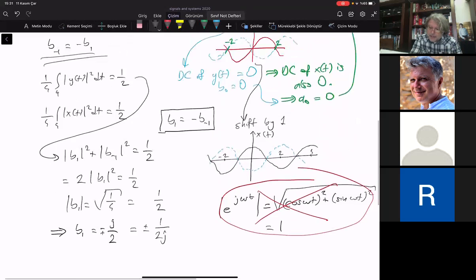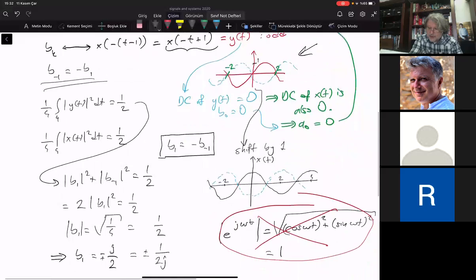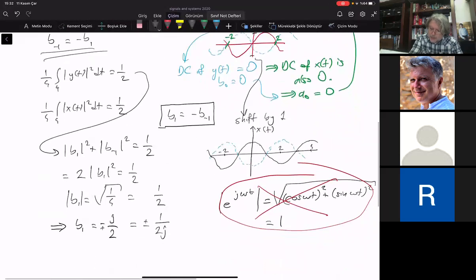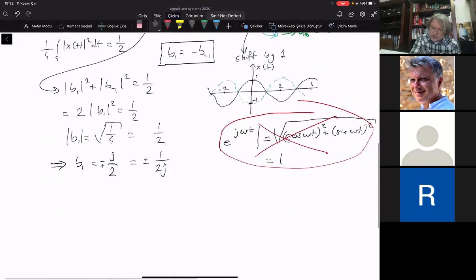So here in this graph, this is a sine wave with magnitude 1. It gives us, therefore, plus or minus 1. It is either the blue or the red one. Therefore, the shift by 1 will give us this black cosine term as x of t, or the blue cosine term as x of t, and that is something that we do not know.